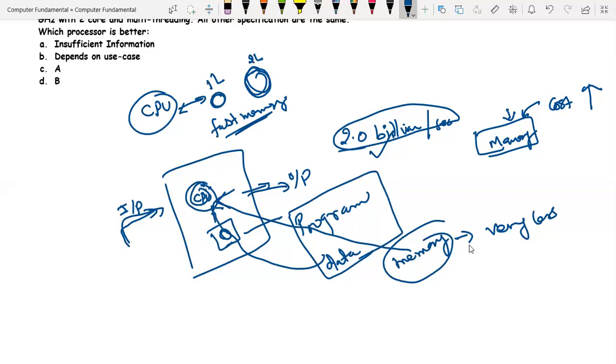The speed of second level memory is less than the first level, but the cost of second level memory is less in comparison to the first level. So as you go deeper in the memory hierarchy, the cost is decreasing, the size is increasing, but the speed is decreasing.